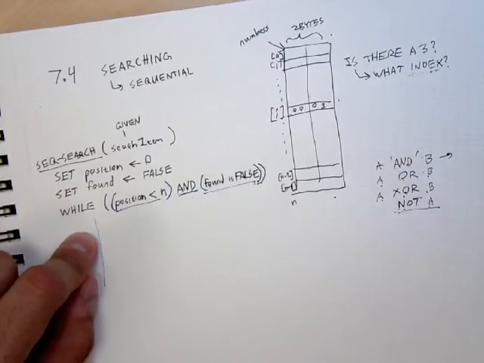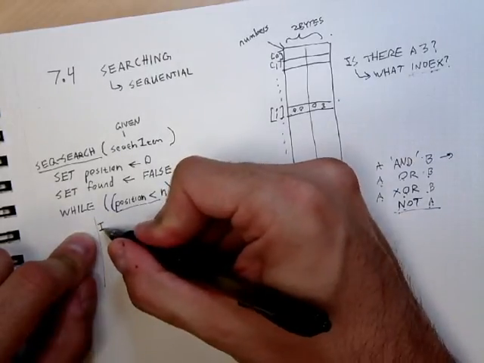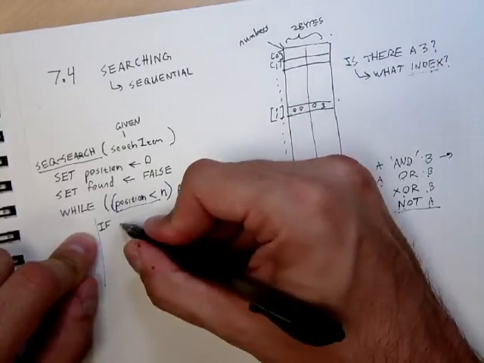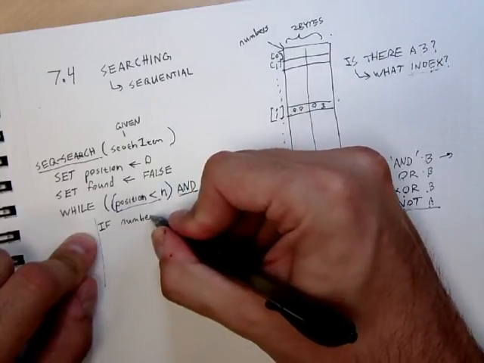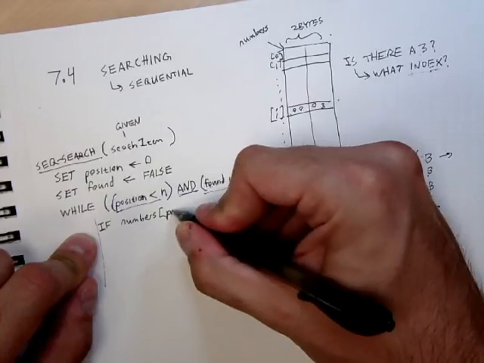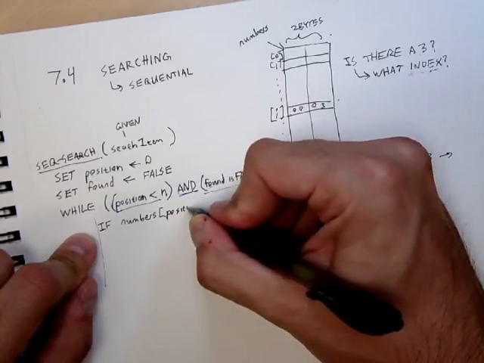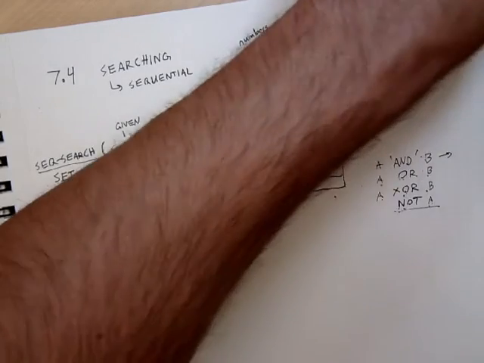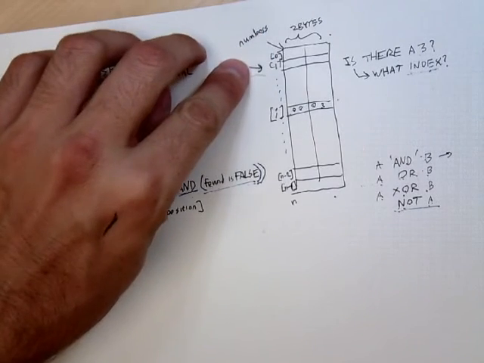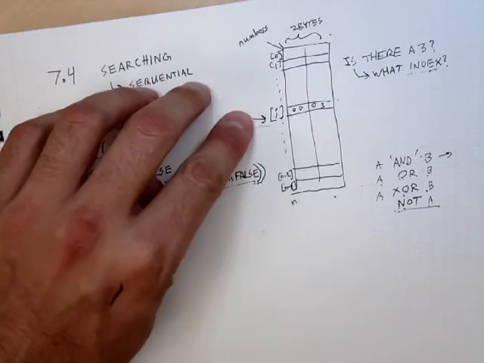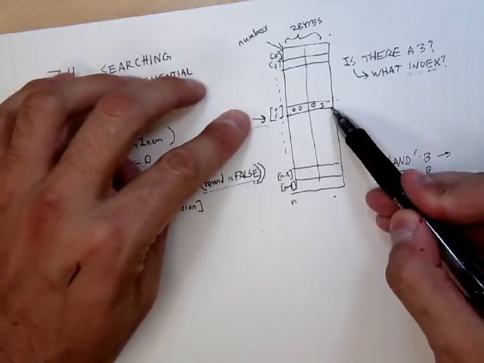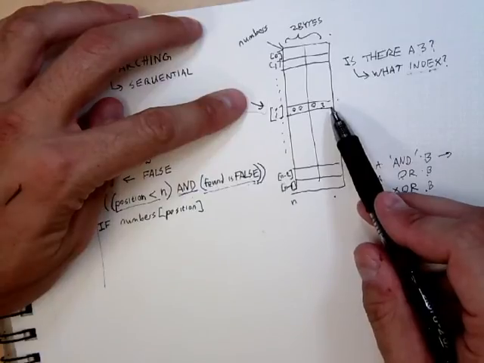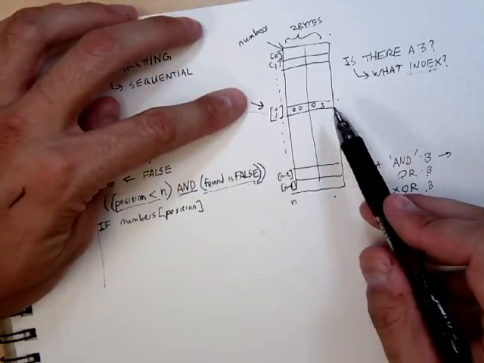So we're doing a sequential search for search item. So as we're going through, if numbers position. Remember, as we do this counting, position is going to cycle down through. And so numbers position accesses this value. So numbers position is giving you access to the value indicated by position. Right?